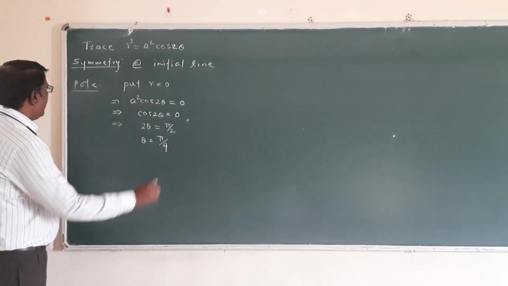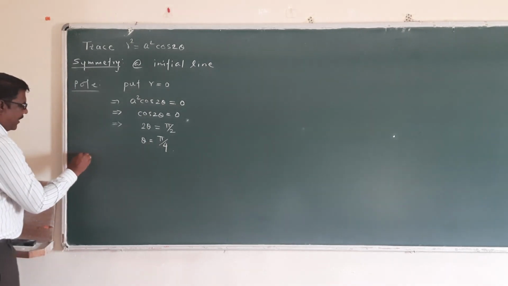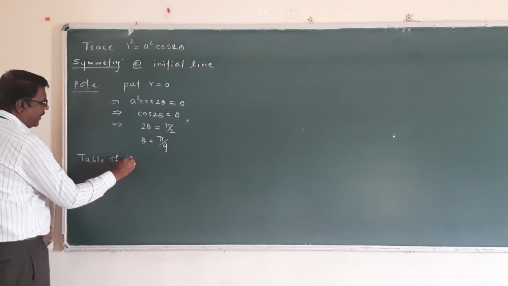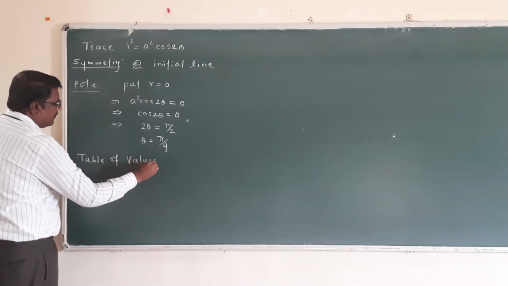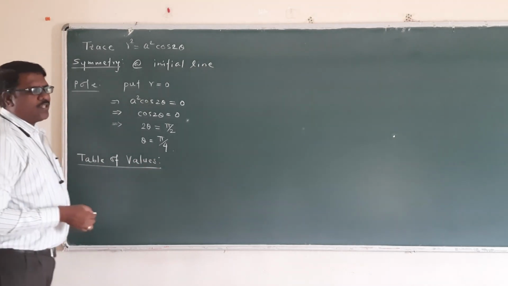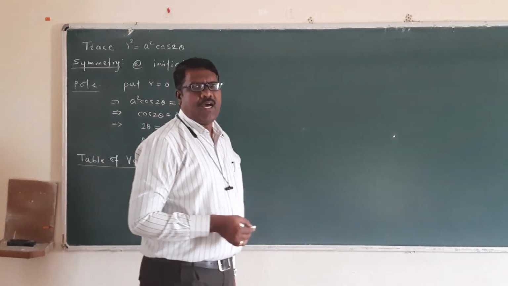Now the third point is table of values. In this, we will prepare a table which contains the values of theta and r.